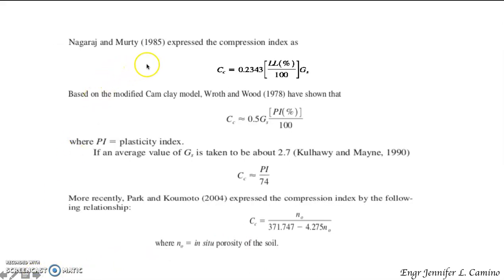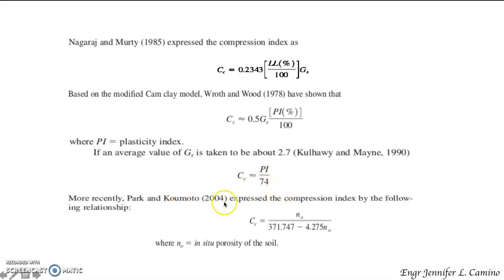Nagaraj and Murty, for the compression index, have given this formula. Based on Rendon-Herrero and Wood, this equation was introduced, and the average value of G sub S is taken to be 2.5. Kolhawi and May introduced the compression index to be approximately P sub I over 74.